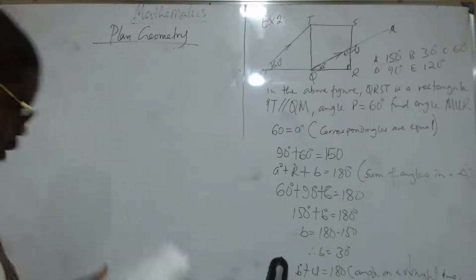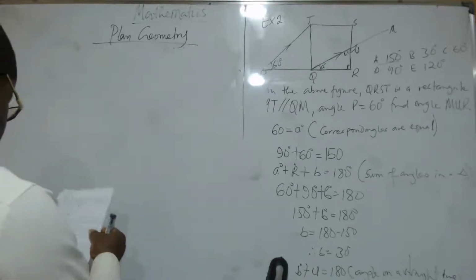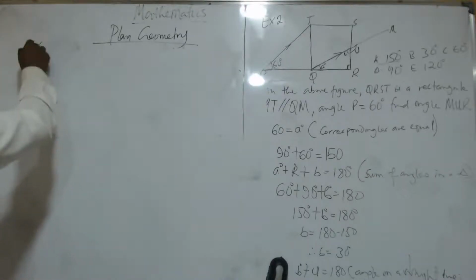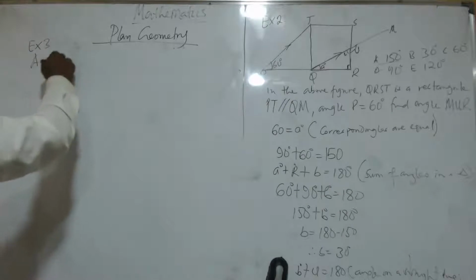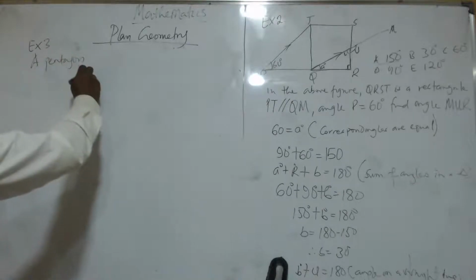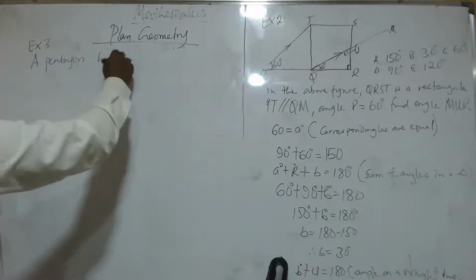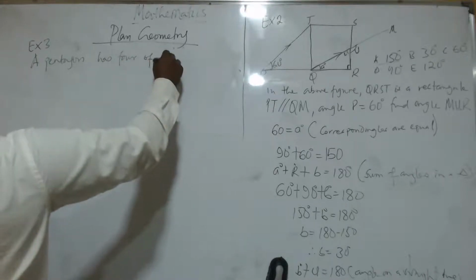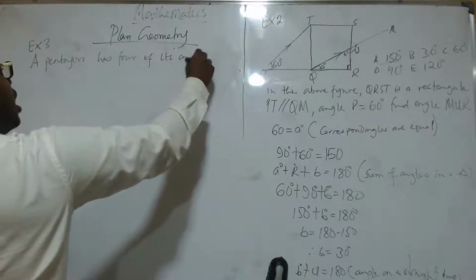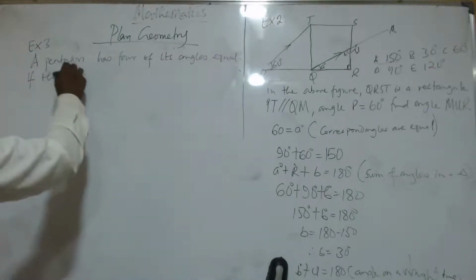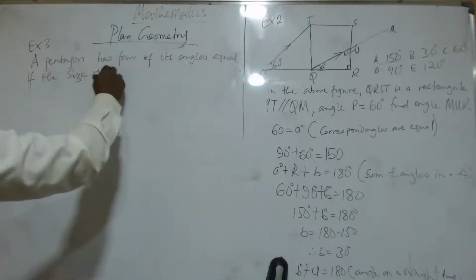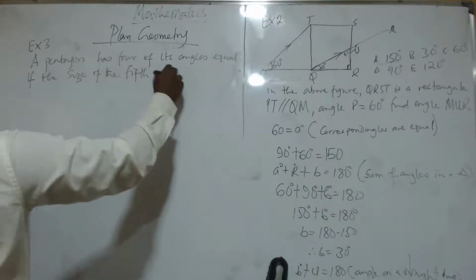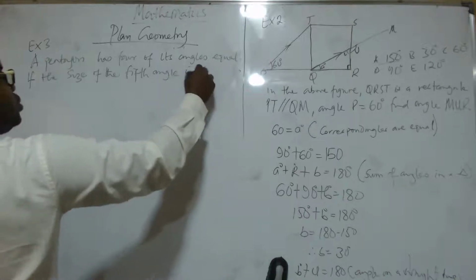Example number 3 says: a pentagon has 4 of its angles equal, the size of the fifth angle is 60 degrees.